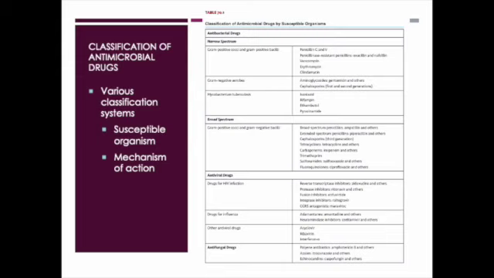You can see on this slide, this first table is breaking the classification down by susceptibility to the organism. So the way this table looks is they have classified it under narrow spectrum drugs, broad spectrum, antiviral drugs that specifically inhibit viral loads, and antifungal drugs that will prohibit fungal infections.